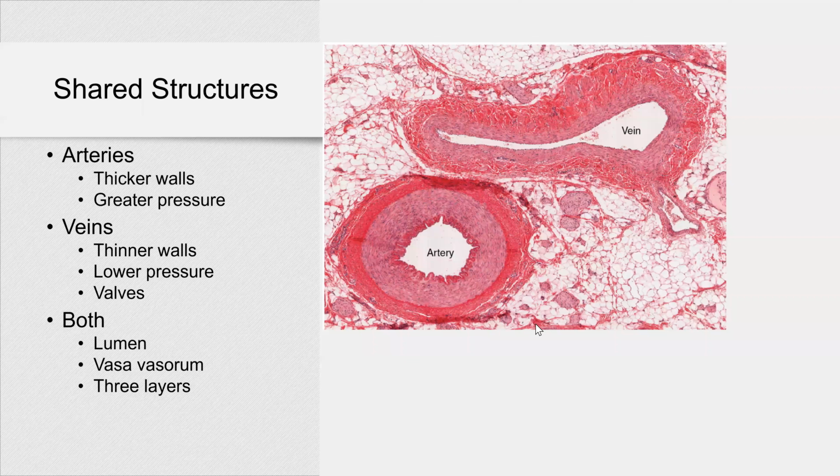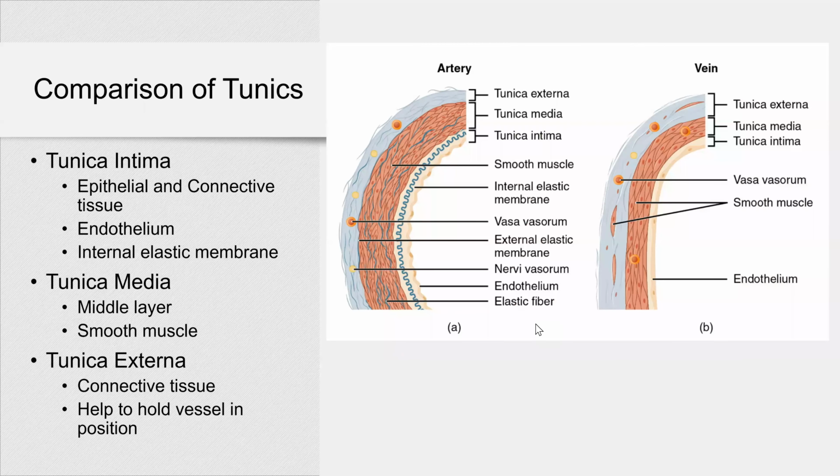So now let's look at these 3 layers of the arterial wall and the wall of a vein. This is the artery and this is the vein. Both of them have 3 tunics. So tunica externa, shown here in blue color, and over here as well.